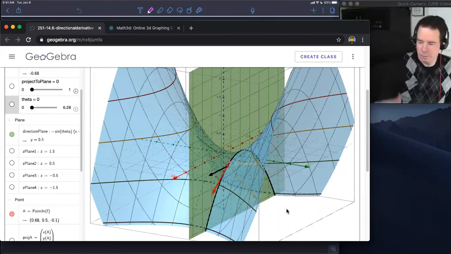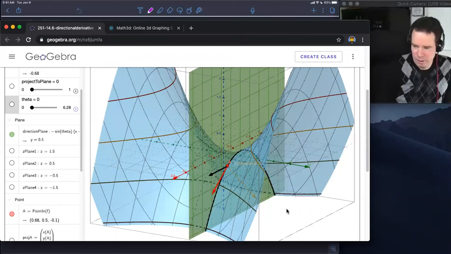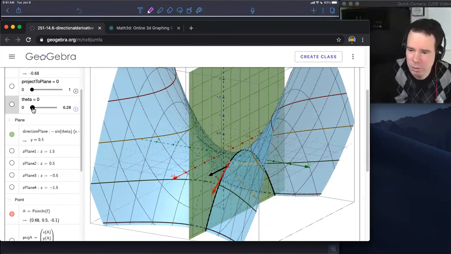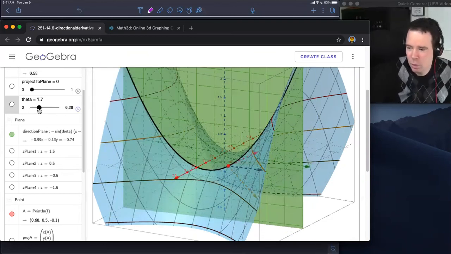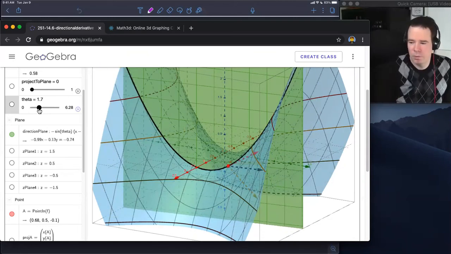We can work out the slope of the tangent line at the given point. That's its partial derivative with respect to x. We can also look at the curve in the y direction, and the slope of that curve at the given point, there in red, is given by its partial derivative with respect to y.